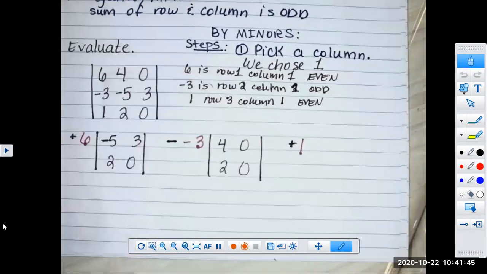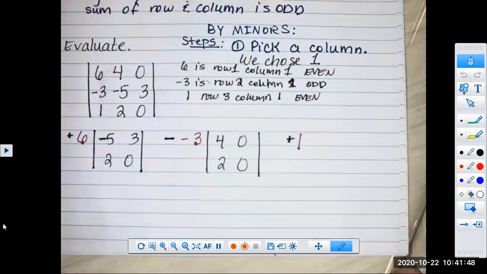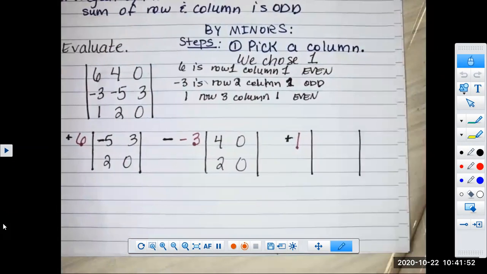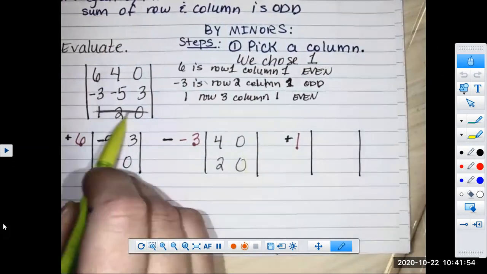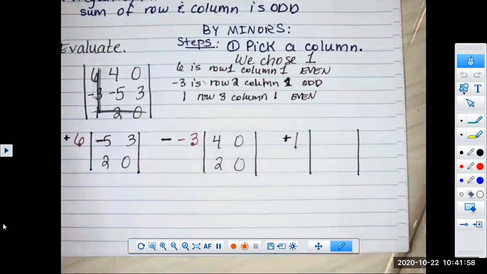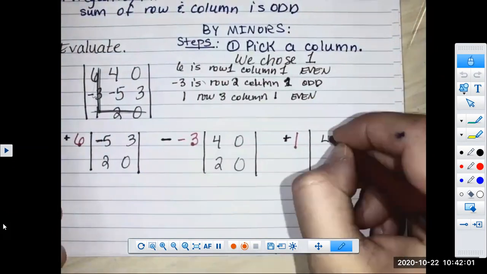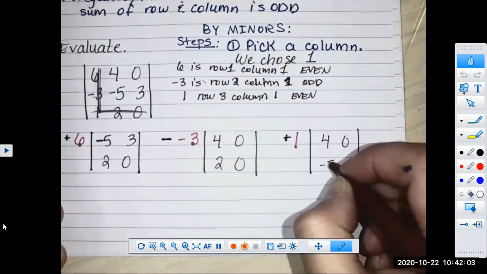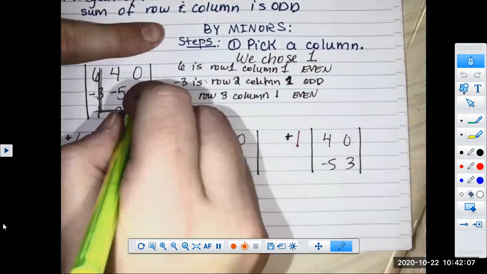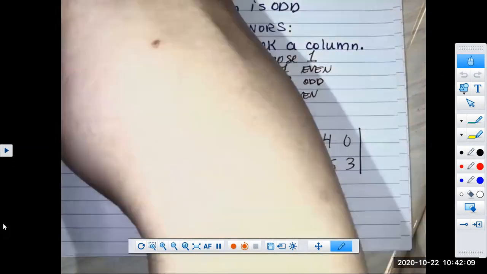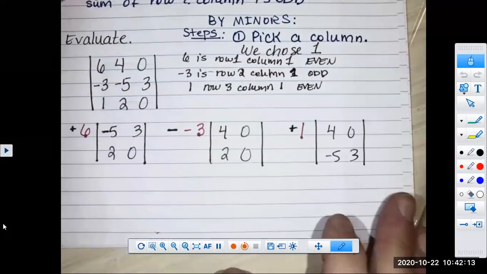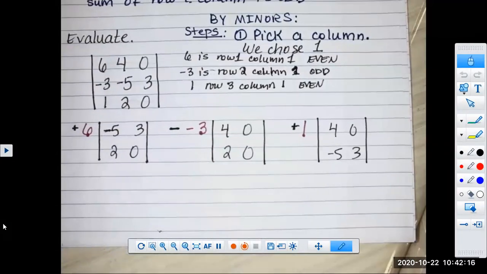All right, what determinant will +1 have? If I delete that row, that column that contains 1, we're left with 4, 0, -5, 3. All right.